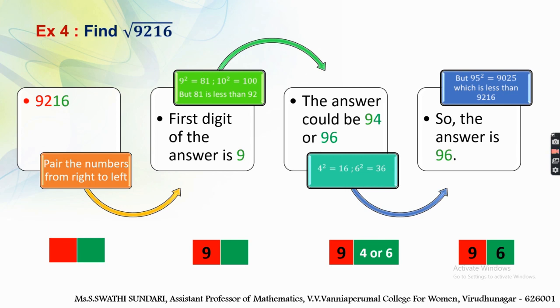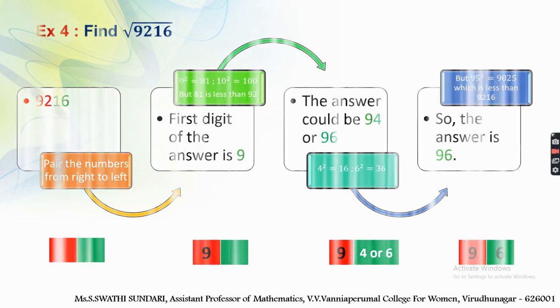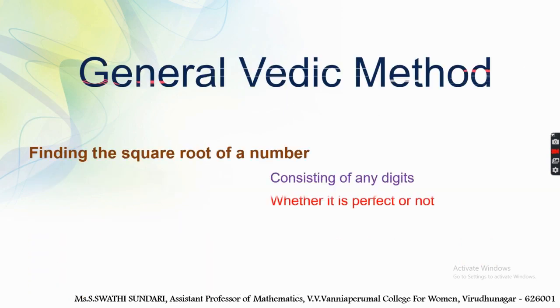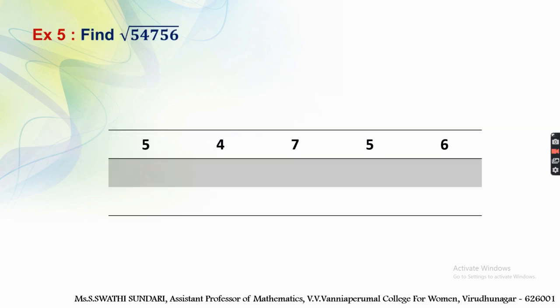Now we have to learn the general method of finding square roots of numbers consisting of any number of digits, whether or not it is a perfect square. And this method of finding the square root is similar to the straight division or long division method. Now we're going to find the square root of 54,756.